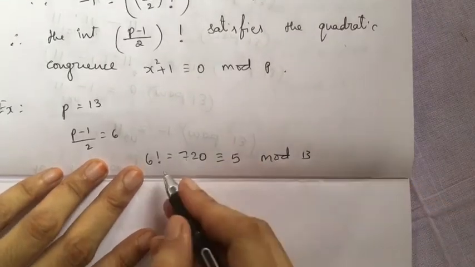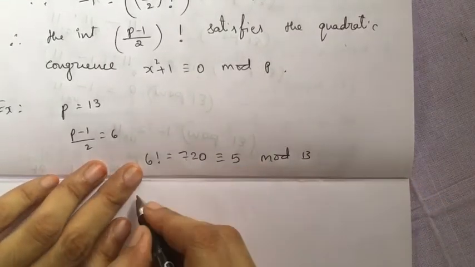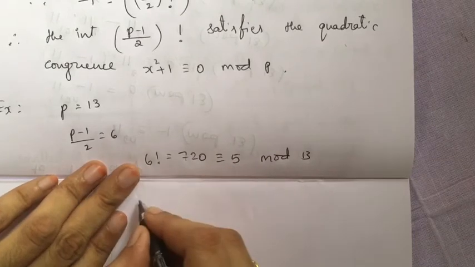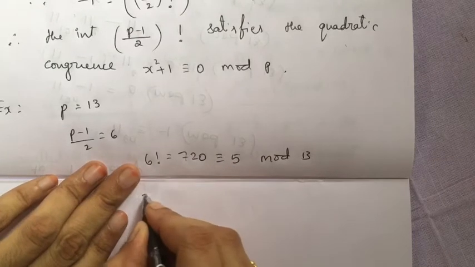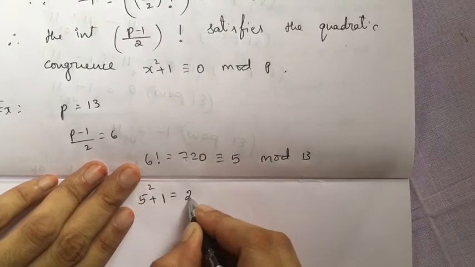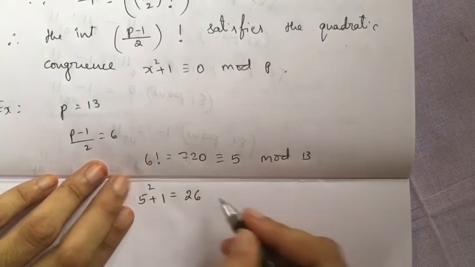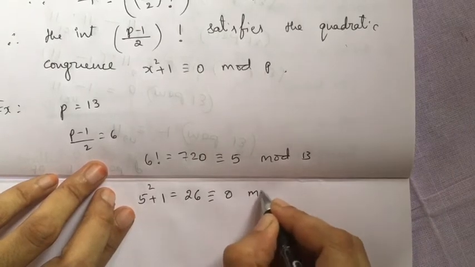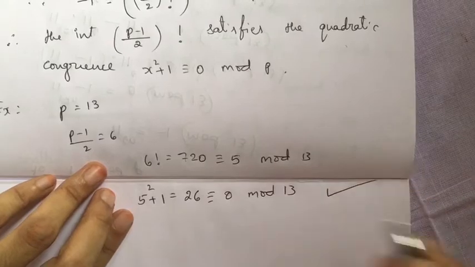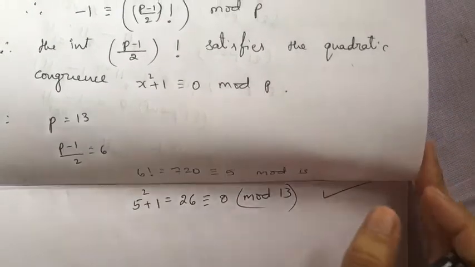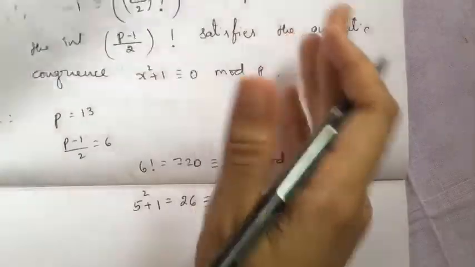And you can check that this becomes the value of x, so x square plus 1 is 5 square plus 1, which is 25 plus 1, 26. Now that is congruent to 0 mod 13. So it satisfies.